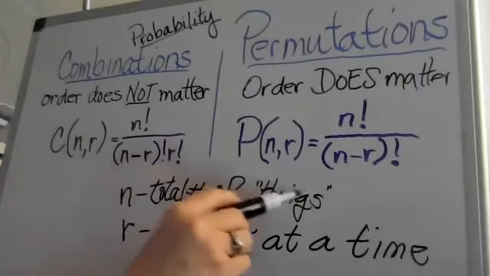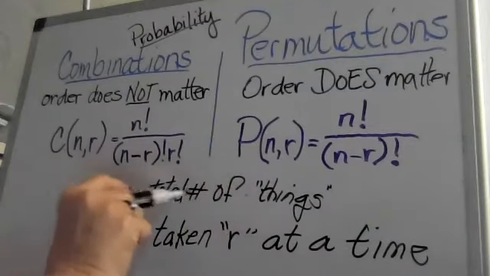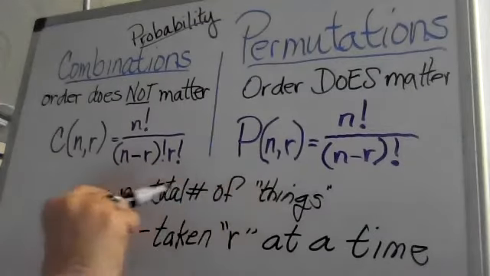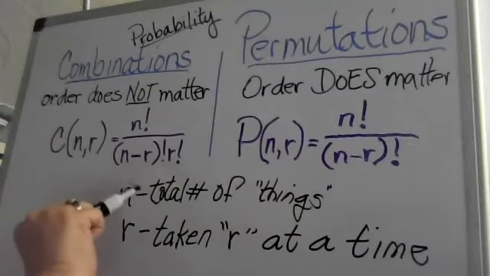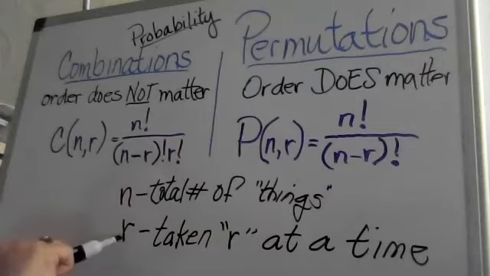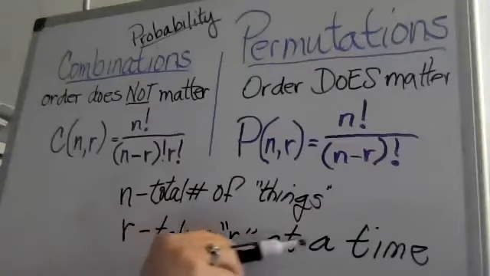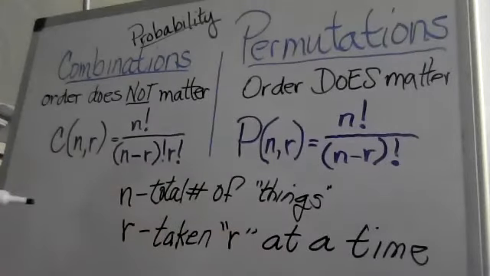That's the total of things we have to deal with. In this case, it's people. Sometimes it's food. Sometimes it's colors. And the R will be like the 5 chairs, taken 5 at a time. You'll understand this more as we see our papers.